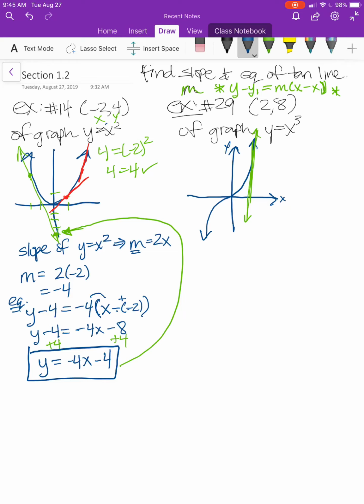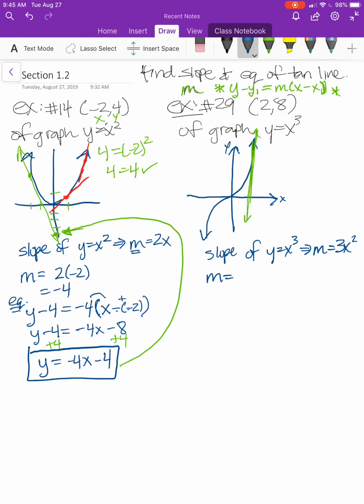Now, the slope for a cubic is different than for a quadratic, the x squared. The slope of y equals x cubed, and it's in your book, is m equals 3x squared. At the end of this video, we'll talk a little bit more about that. For now, let's wrap this problem up.